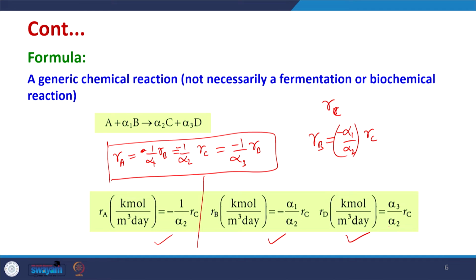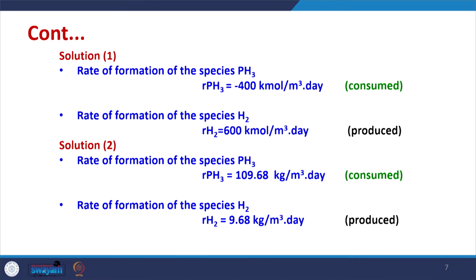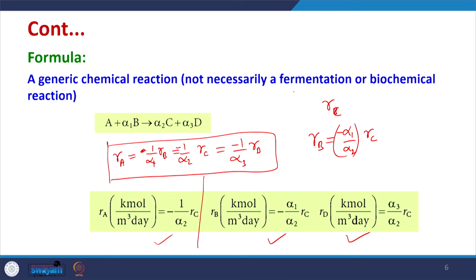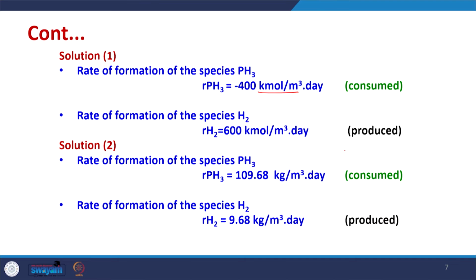So, once this is known, we can easily solve, and the rate of formation in the initial case is in kilomole. So, we can easily use this particular type of equation to solve it, and it will come out as minus 600 kilomole per meter cube per day. Remember, we are keeping minus R PH3 because rate of formation is given.